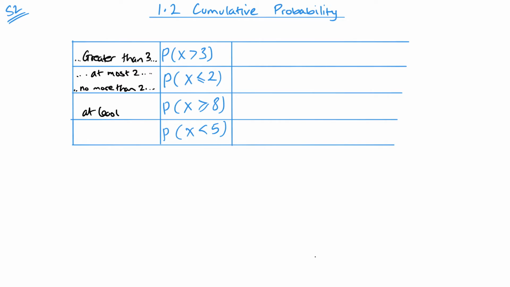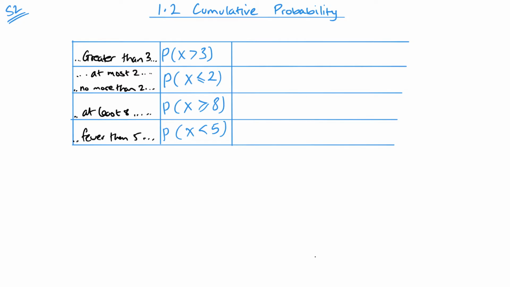At least 8 would be 8 or more. And something like less than or fewer than 5 would mean that it doesn't include that 5. So these kinds of sentences would give you an idea of what inequality you'd have to set up when you're doing your probabilities.